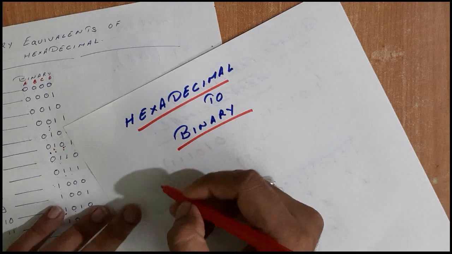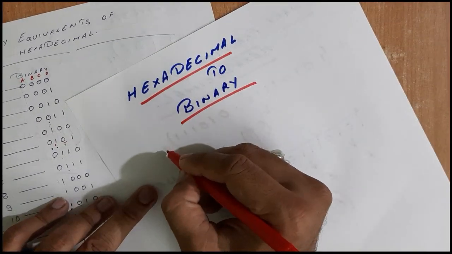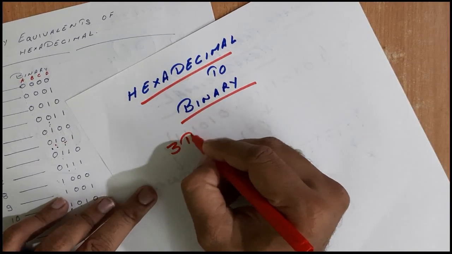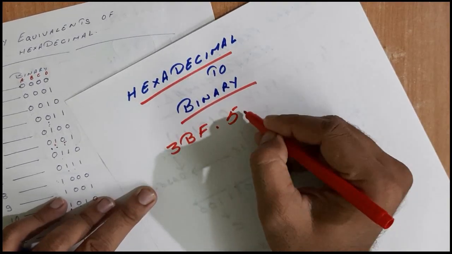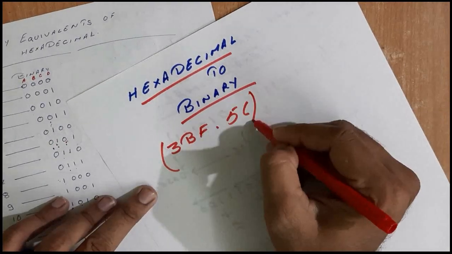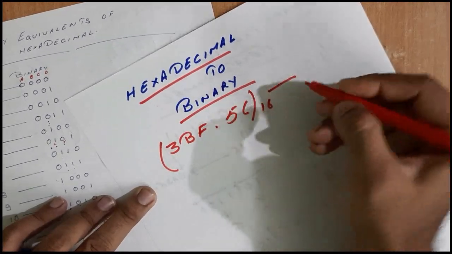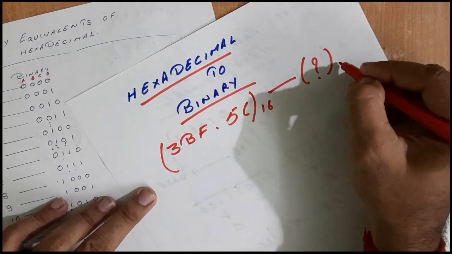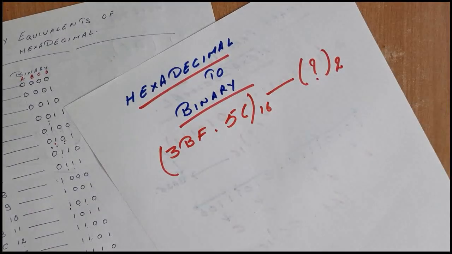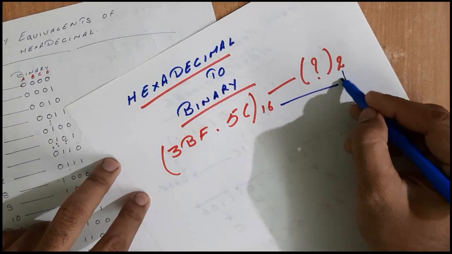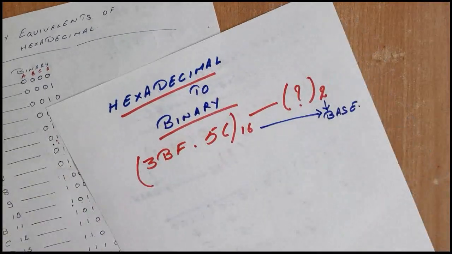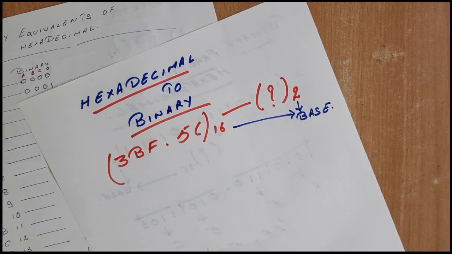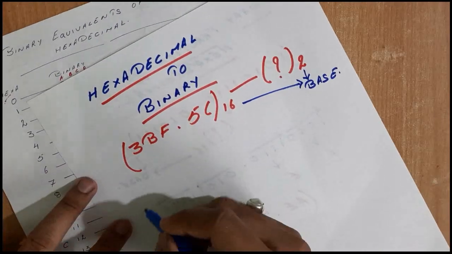To binary, we will take a number, students, that is 3BF.5C, and we have to convert into the base of 2, that is binary. You'll have understood it. Now we will write down.